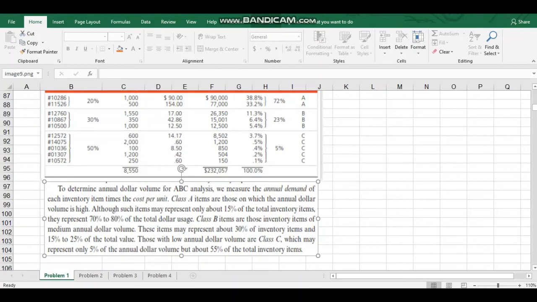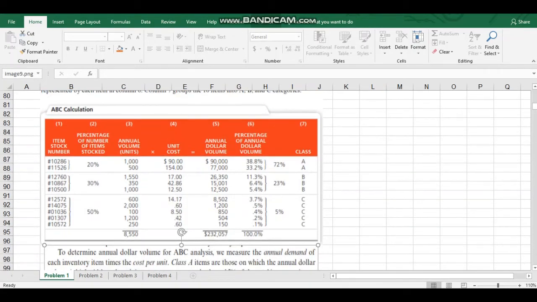So, regardless of the size of the inventory and their percentage in the inventory, we are instead looking at the annual dollar volume. The larger the amount, the higher the amount, they will be classified as class A, and the lower the amount in dollar volume, they will be classified in class C or class B. So we have to get the annual dollar volume, we get it by the annual volume, which is column number 3, times column number 4, which is the unit cost.